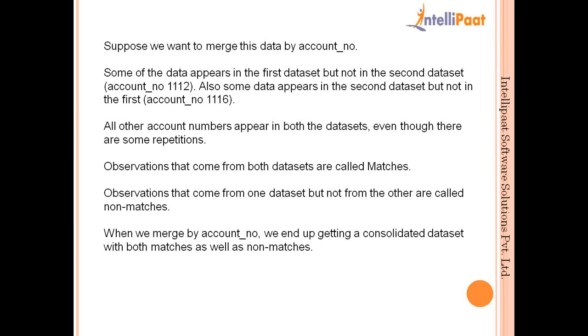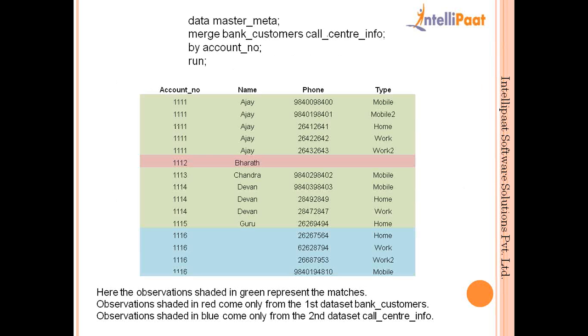So when we merge by account number, we end up getting a consolidated data set with both matches as well as non-matches. The matches are where we have mapping against the account number, and non-matches are where we don't have any mapping at all.